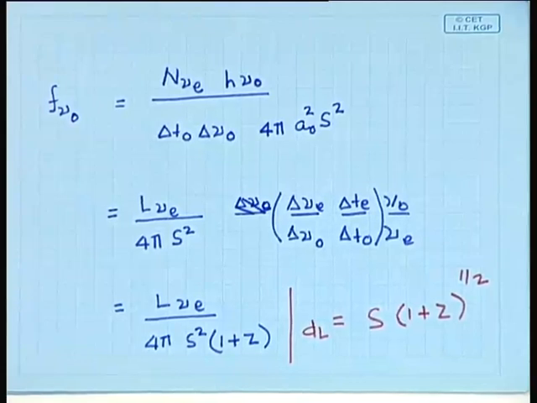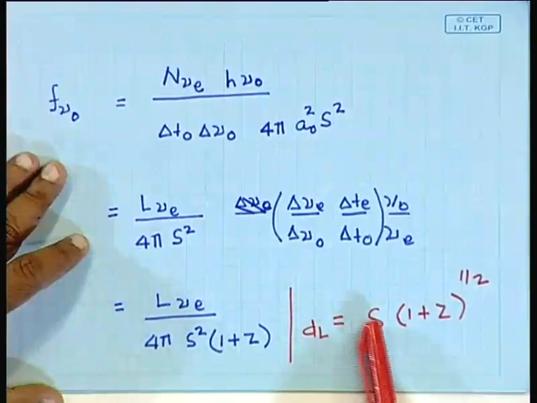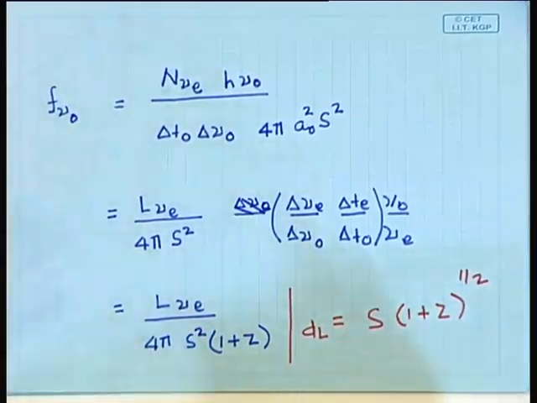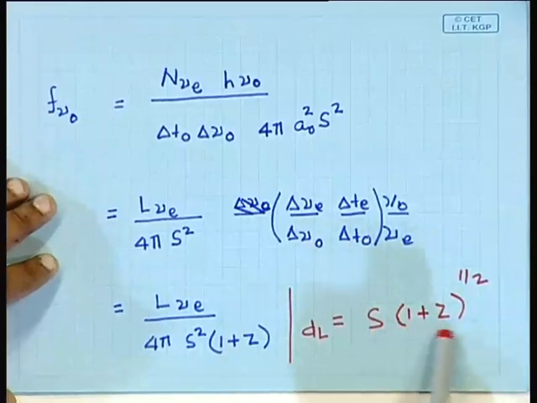This is the luminosity distance calculated using the specific luminosity and the specific flux. We see that it is equal to S, which we have defined, that is the tangential distance, into the square root of 1 plus z.